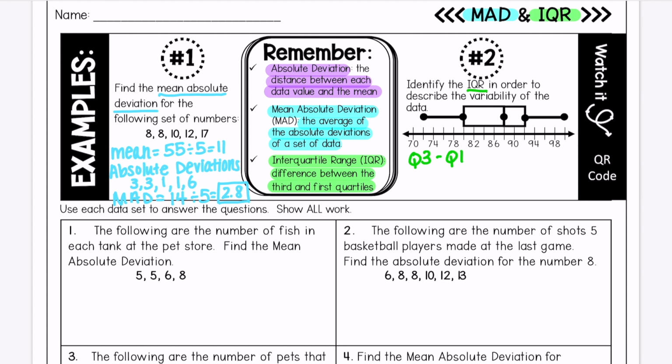Because if you recall, between each one of these groups is 25% of the data. If you're doing quartile 1 and quartile 3, I know that this one here is quartile 1, and this one here is quartile 3. So I'm looking at how spread out 50% of the data is.